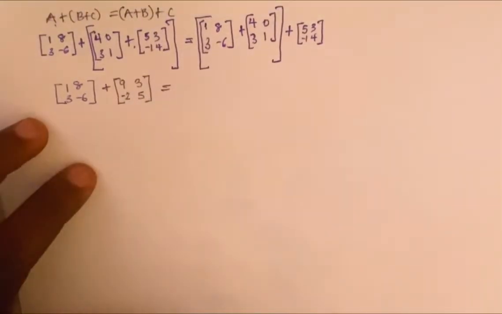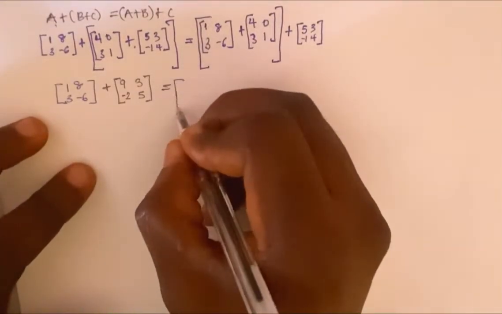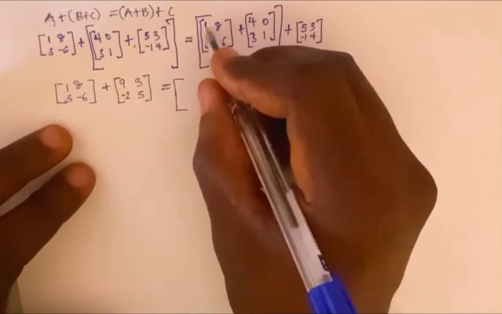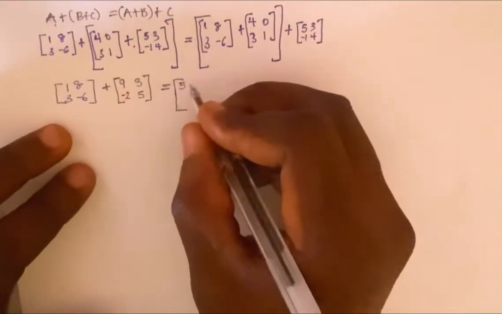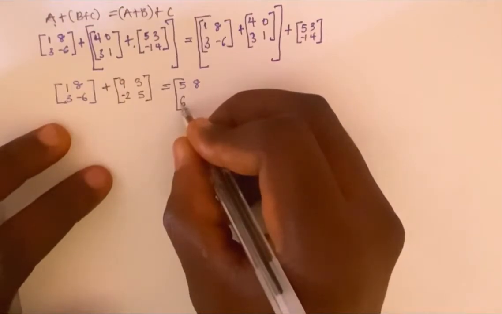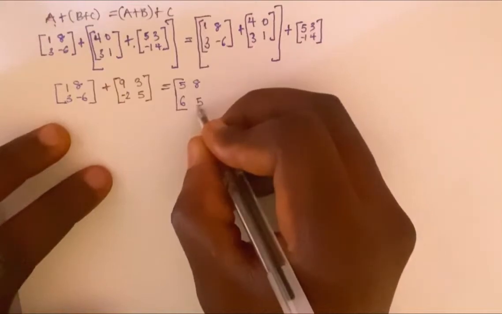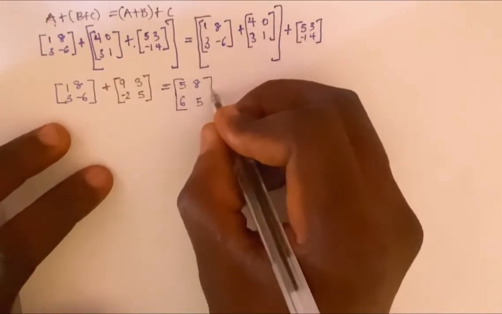Is this equal to something here, which is 1 plus 4, 5, 8 plus 0, we have 8, 3 plus 3, that's 6, minus 6 plus 1, that's minus 5.